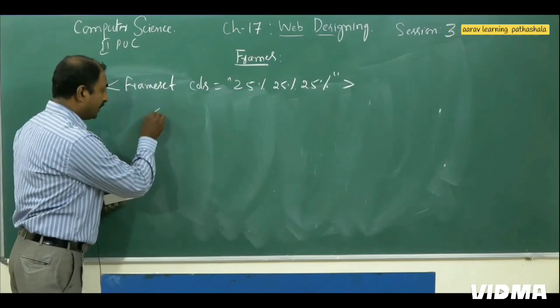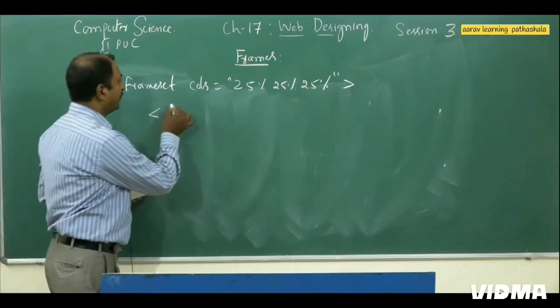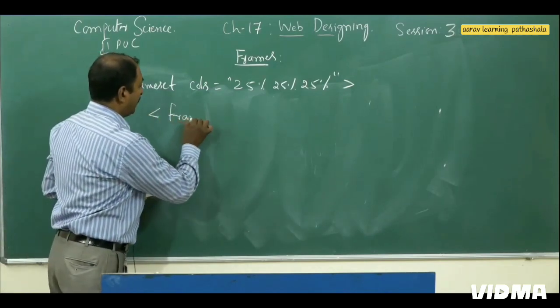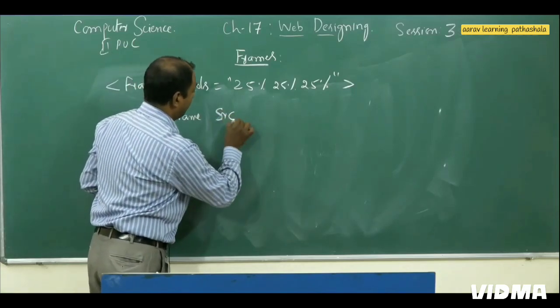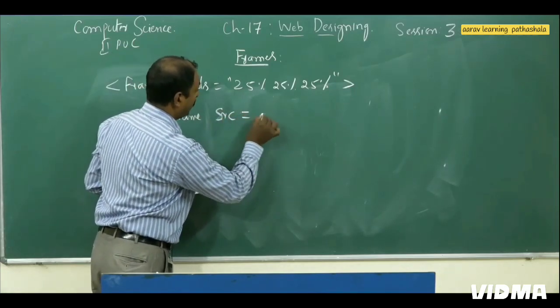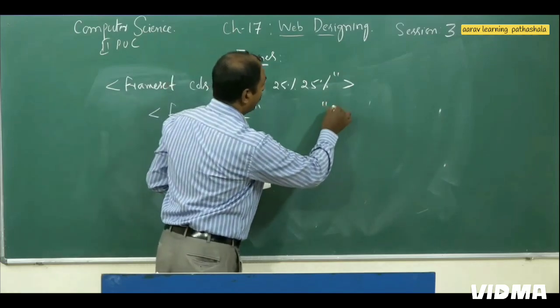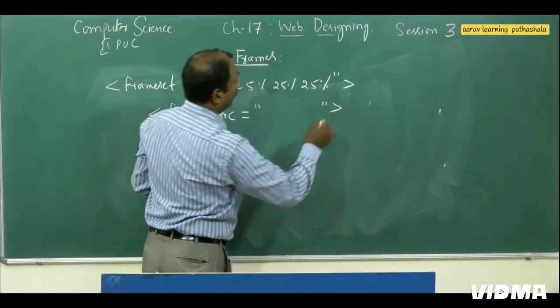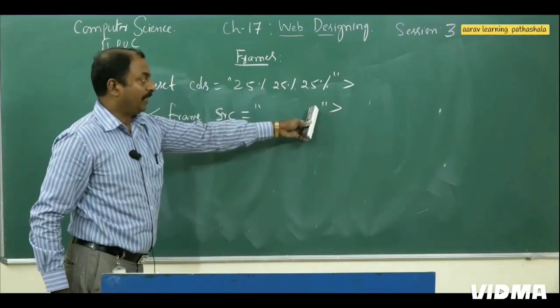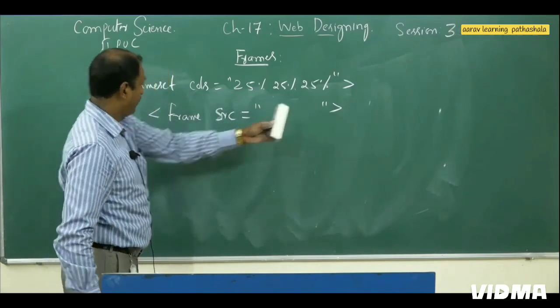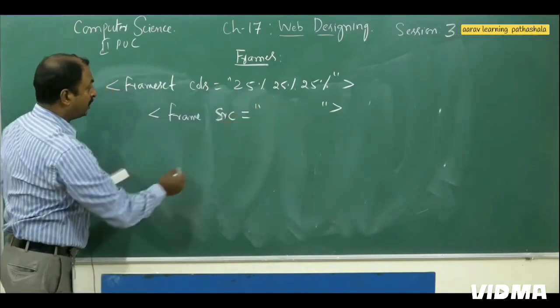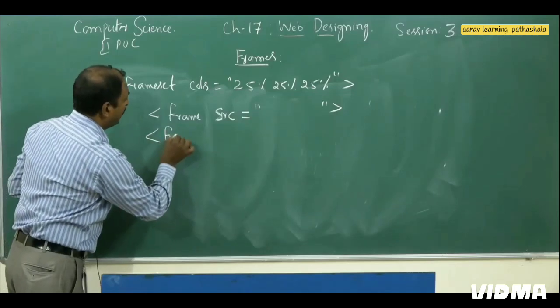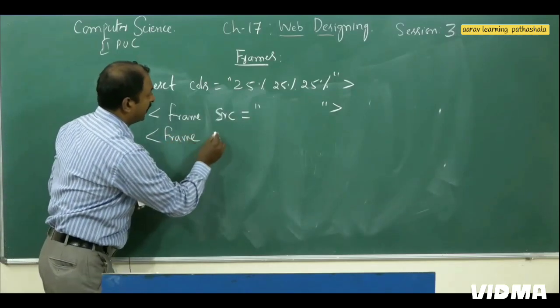Now under each column, we have to write the frame tag. Here I am going to write SRC equals, and here we give the file name of a particular application. Since there are 3 columns, I have to write 3 frame tags.